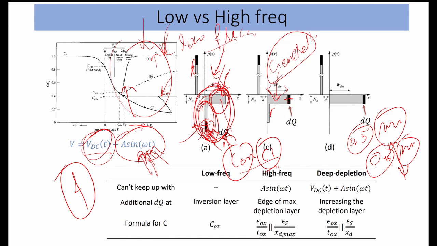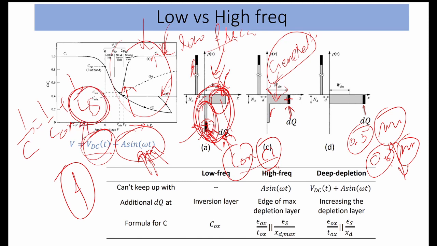So there will be a contribution from the semiconductor. So 1 by C is equal to 1 by C ox plus 1 by CS. So the contribution is coming from this one.